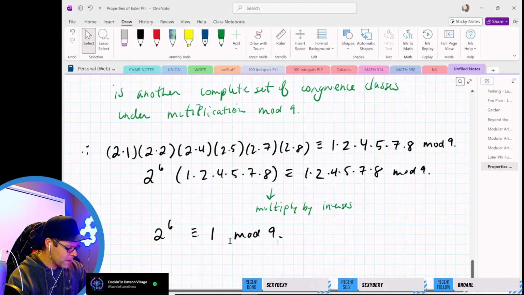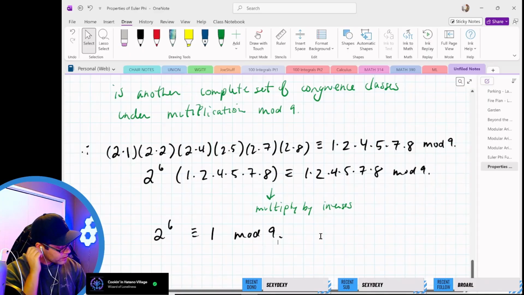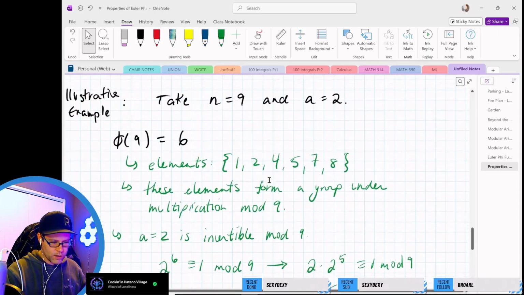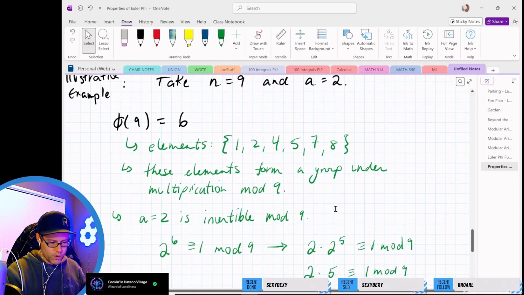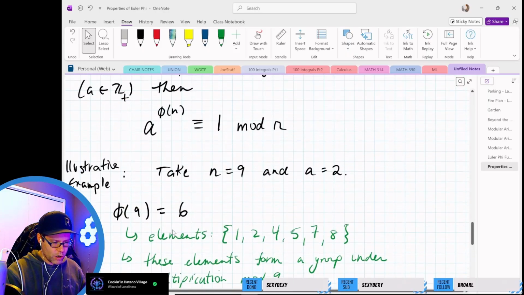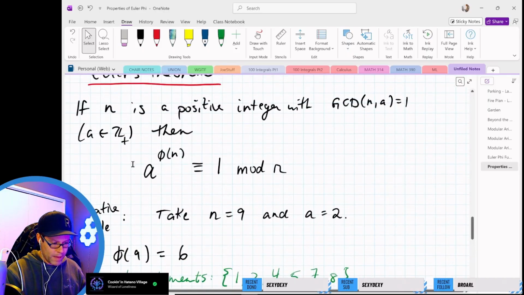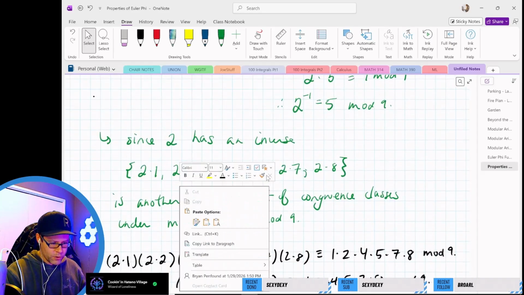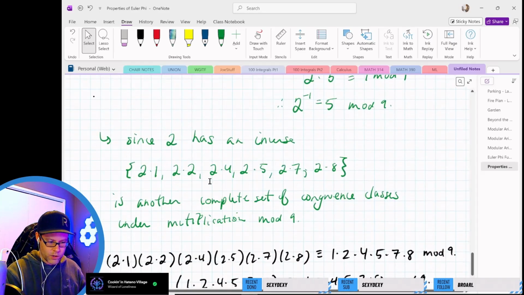So that's the basic idea. Again, I'm not sure if the proof is super helpful to go through, but that's the idea, right? You have your set of original complete congruence classes. You now have your invertible element, which we're calling A in this particular case. Multiply everything by A to get a new set of congruence classes that is also a complete set.